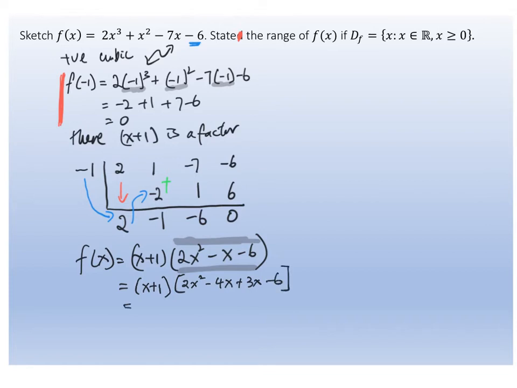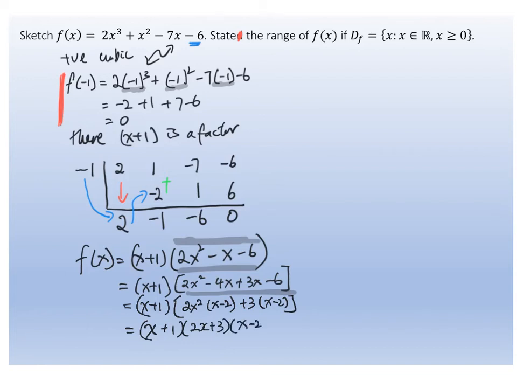And then we factorize this bit by grouping. So by grouping x plus 1, I have 2x squared, x minus 2, plus 3, x minus 2. So the whole function f of x factorized to x plus 1, 2x plus 3, and x minus 2.